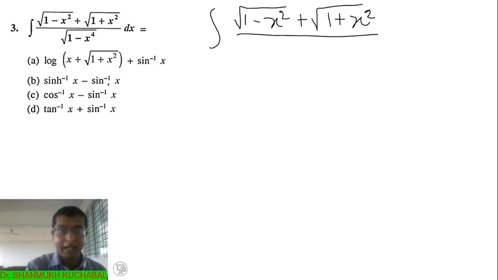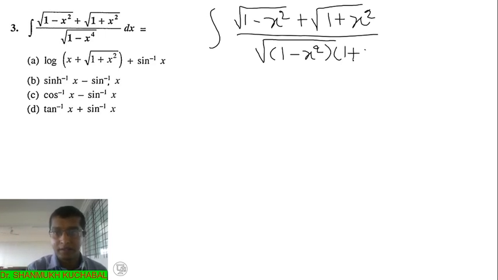This can be written using the a square minus b square expression: a minus b into a plus b can be written as 1 minus x square into 1 plus x square, under the square root. So a minus b into a plus b is a square minus b square, here it is 1 minus x raised to 4.